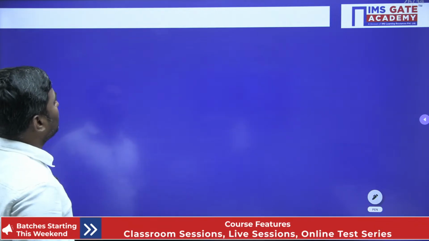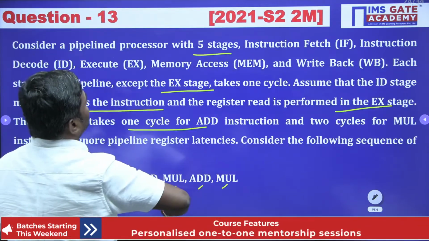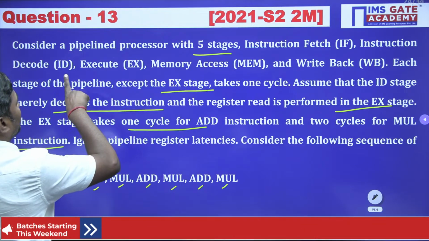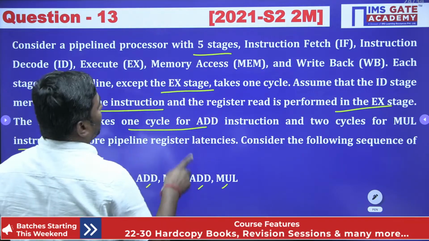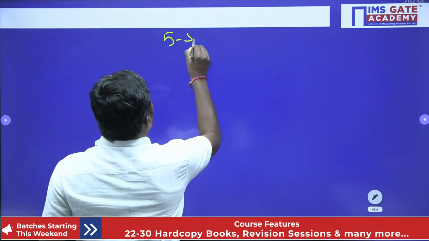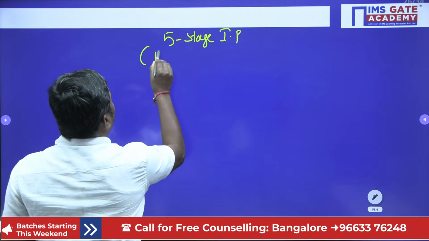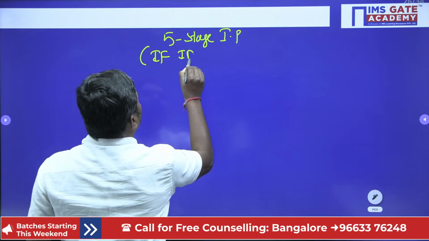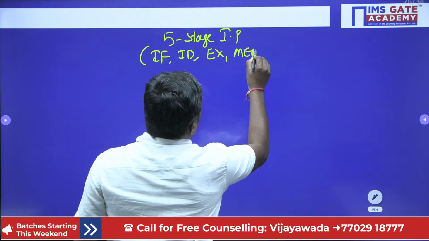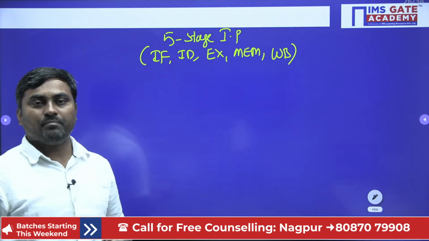First, how many stages are there? Just 5 stages: instruction fetch, instruction decode, execute, memory access, and write back.